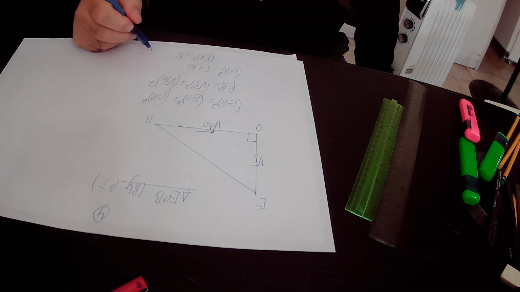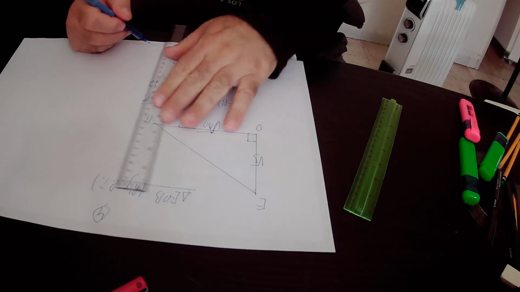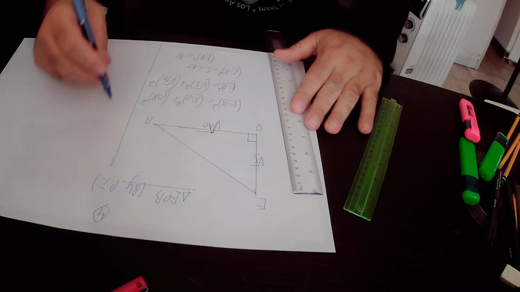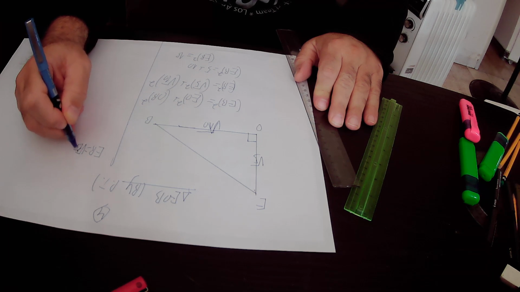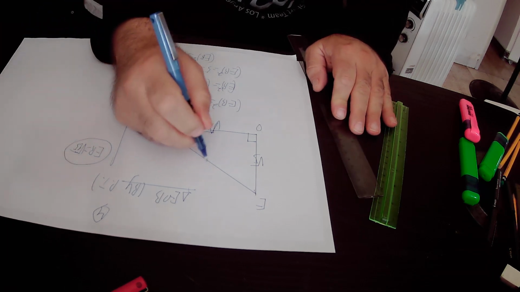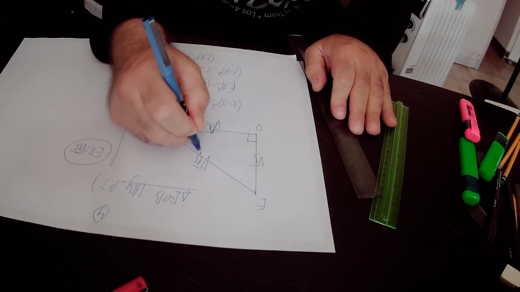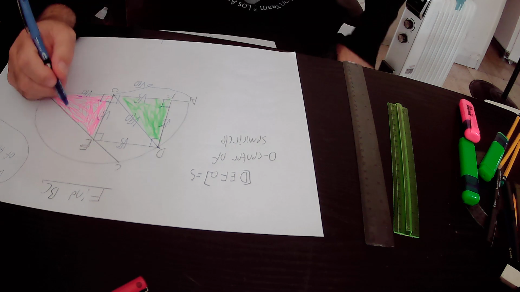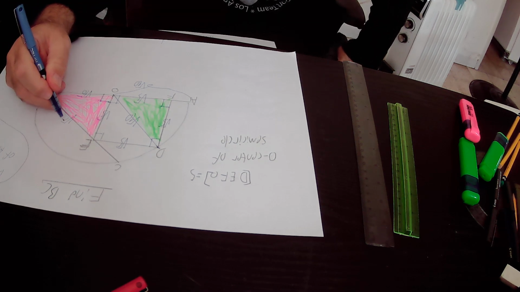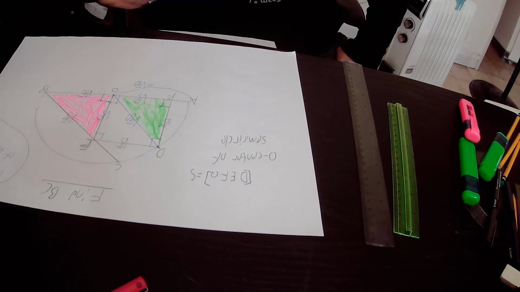We take the root of this equation, and we get that EB equals the square root of 15. The hypotenuse EB equals the square root of 15 units in length.